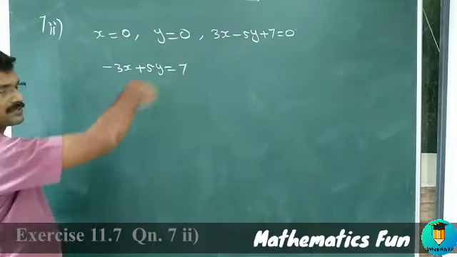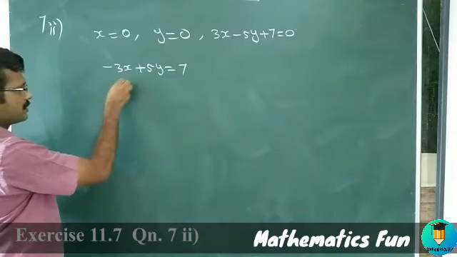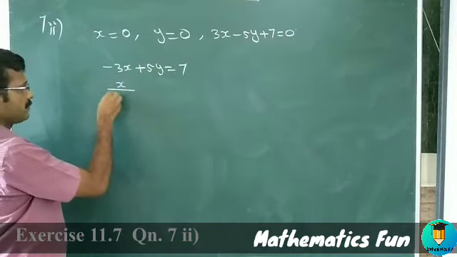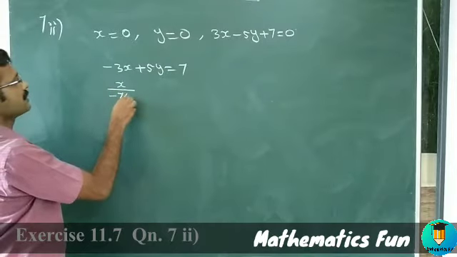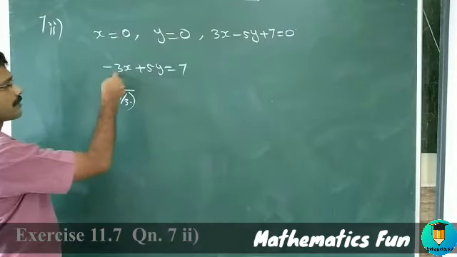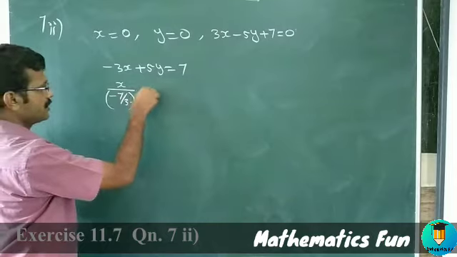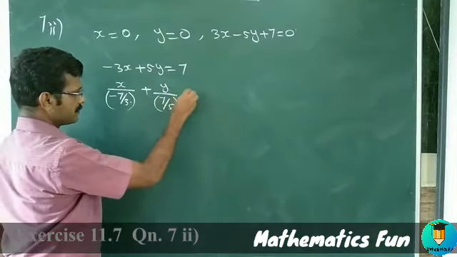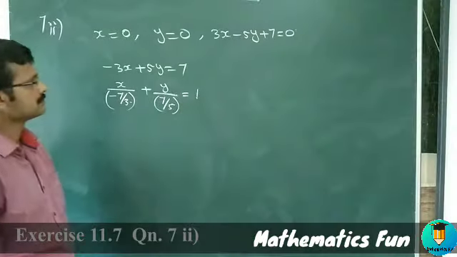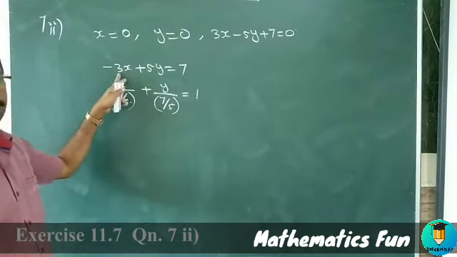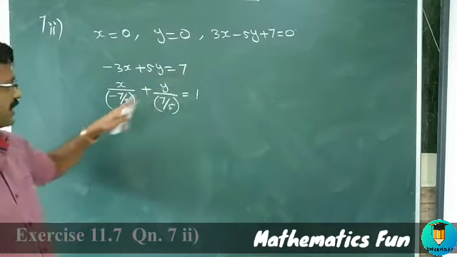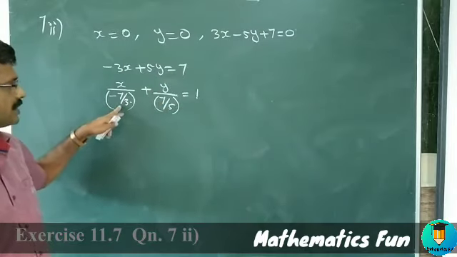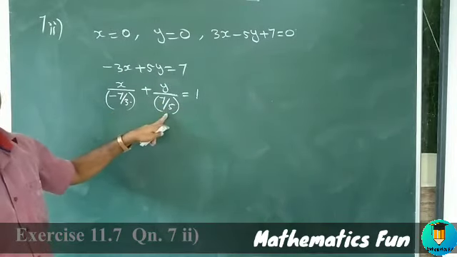Now I bring 7 here, so it is x by minus 7 by 3, taking the reciprocal, plus y by 7 by 5 is equal to 1. So the x-intercept is minus 7 by 3, and the y-intercept is 7 by 5.